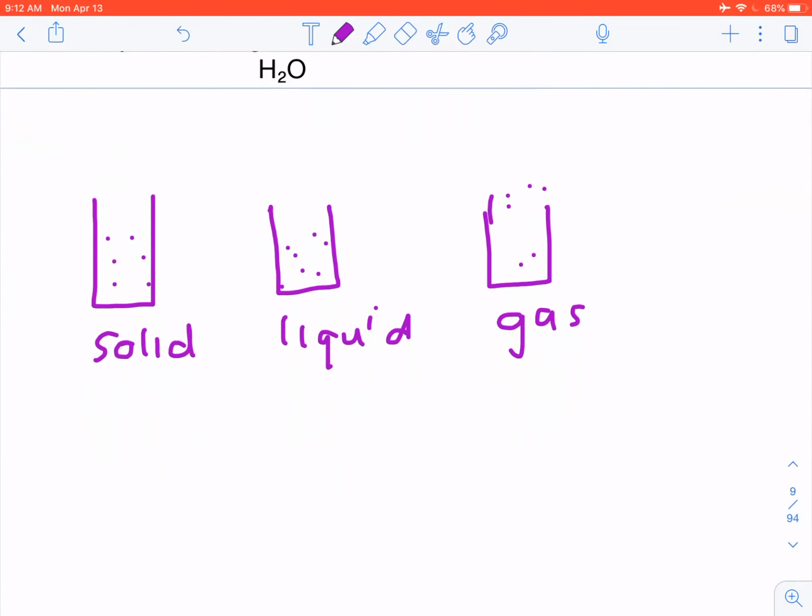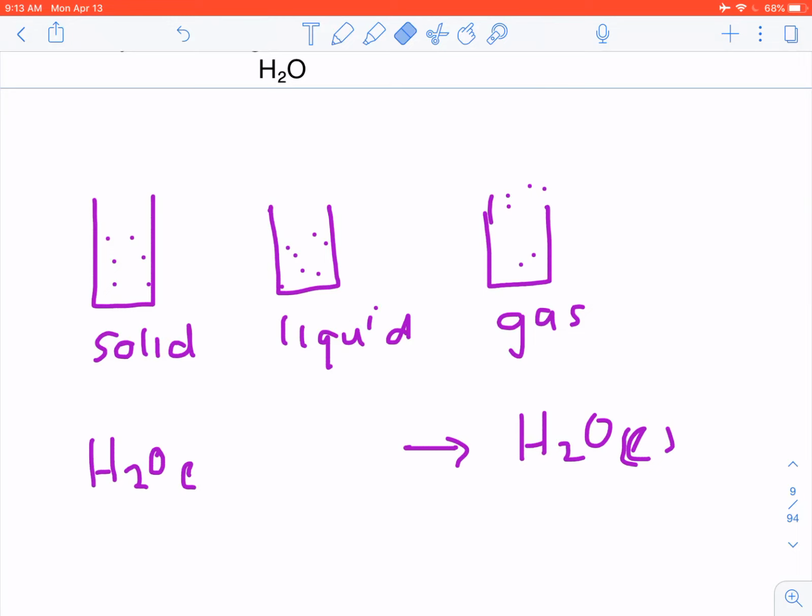So if we have H2O as our solid, and it changes to H2O, the liquid, let's just do this again.